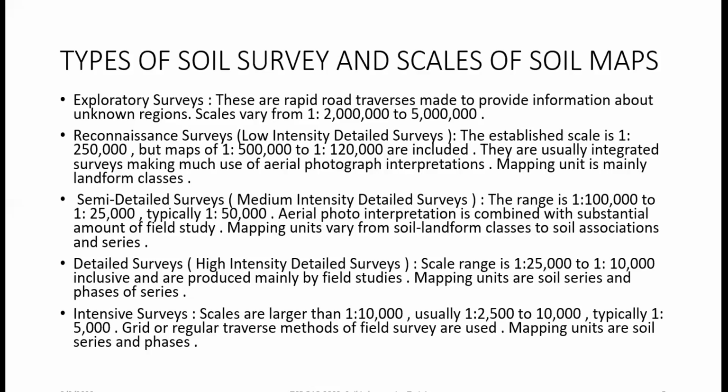Detailed soil survey: here you go to the high intensity details, and here you are going to deal with soil samples every 20 meter, every 200 meter to 100 meter. So here you produce results for field studies, and the mapping unit here is going to be soil series and phases of series.